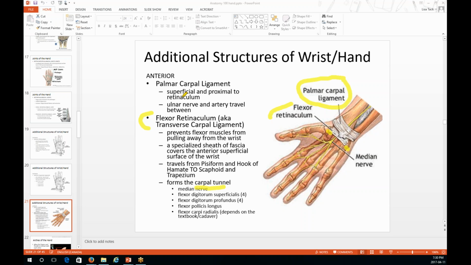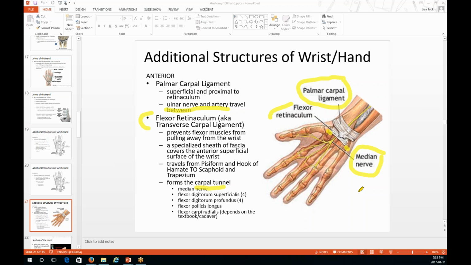And it's superficial and proximal to the flexor retinaculum. And in between there, we've got the ulnar nerve and artery. Okay, so remember the median nerve went through the tunnel under the flexor retinaculum, but the ulnar nerve and artery travel between the palmar carpal ligament and the flexor retinaculum.